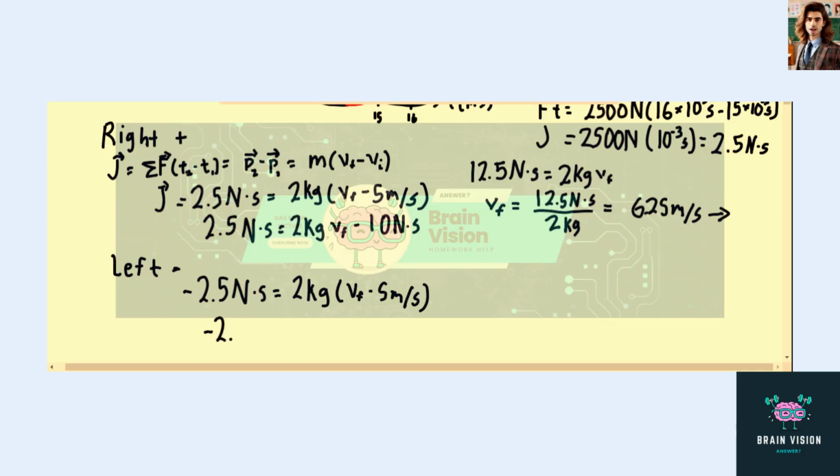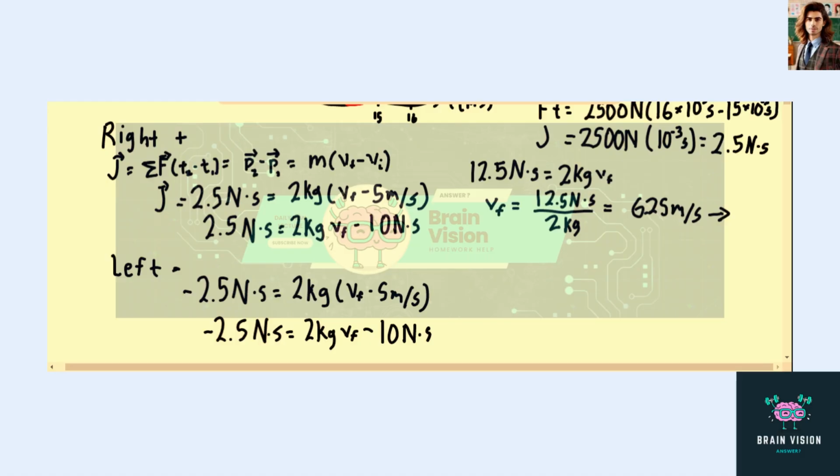Now, our result would look like this. 2 kilograms times v final minus 10 newton seconds.